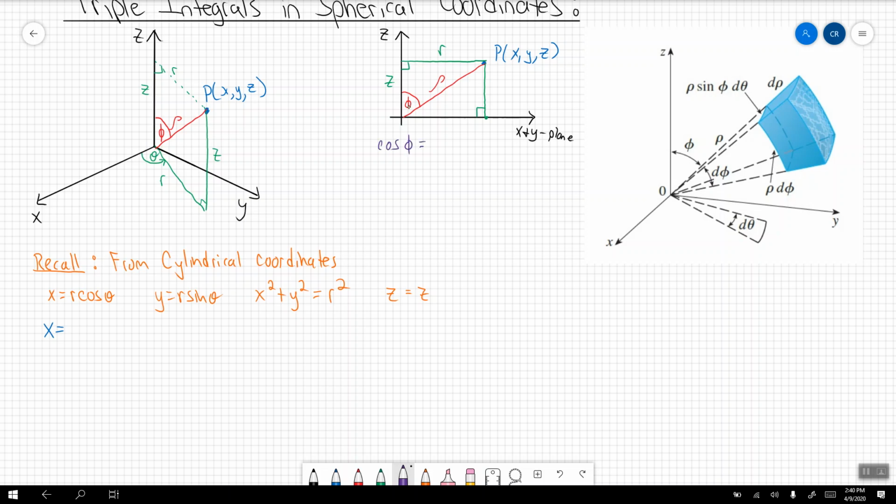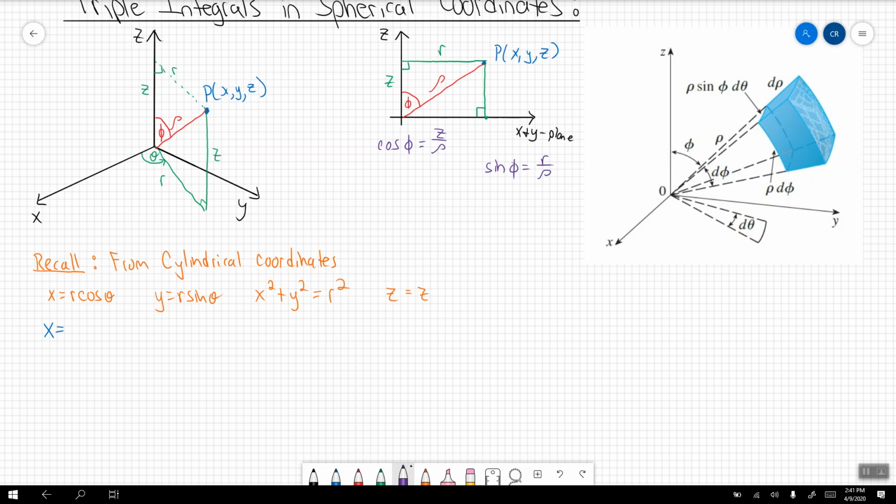Cosine of phi is going to be adjacent over the hypotenuse, which is rho. Nice. And then we have that sine of phi. Sine of phi is going to be opposite over hypotenuse. Nice. It's looking good so far.